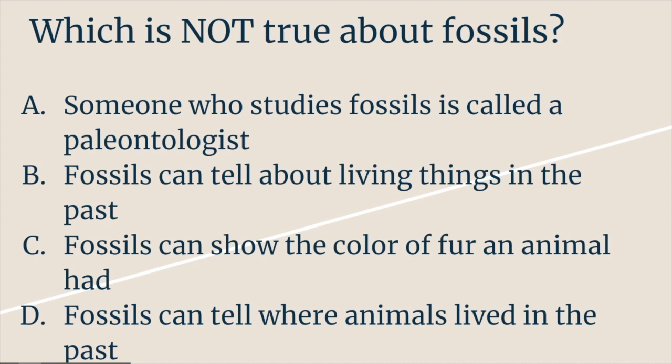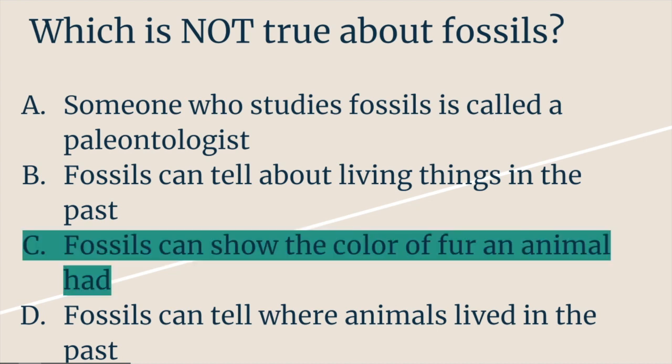Or is it fossils can tell where animals lived in the past? If you said C, fossils can show the color of fur an animal had, that is correct. That is not true about fossils. Since fossils only show us the imprint, we are able to see the outlines or the different shapes, but we are not able to see the color of fur or the color of the organism.